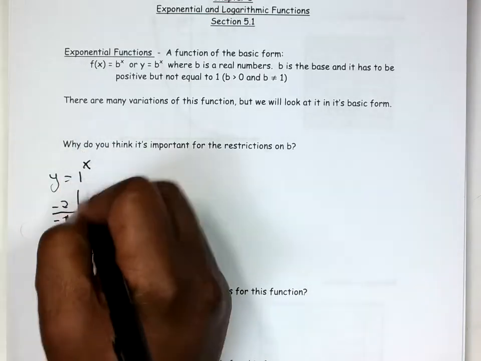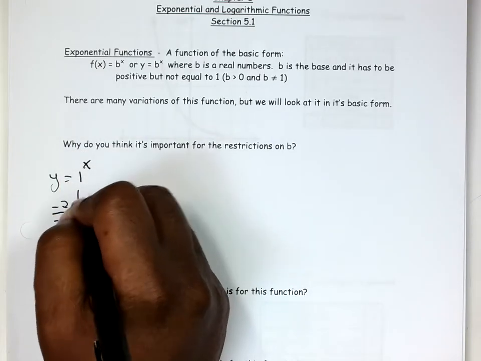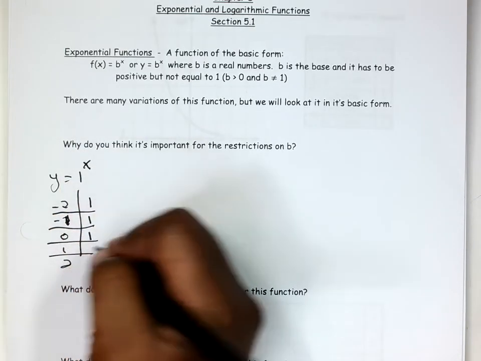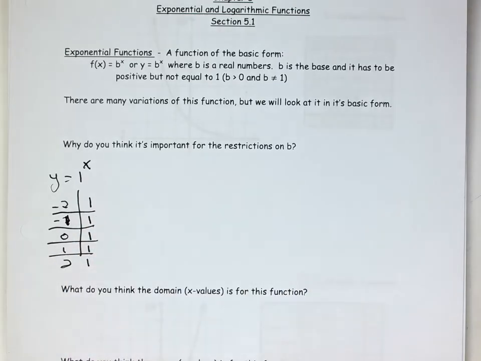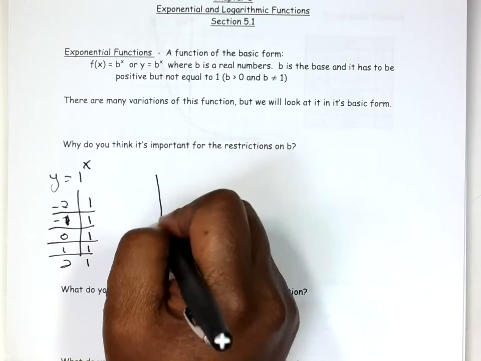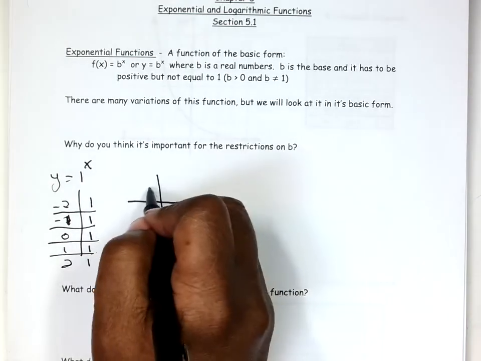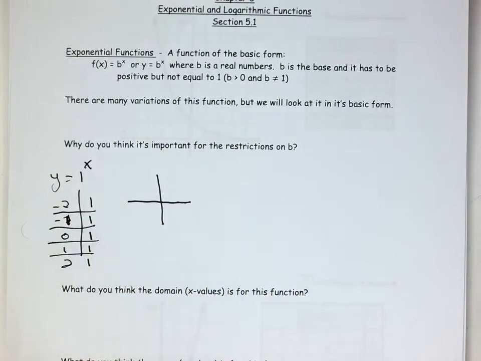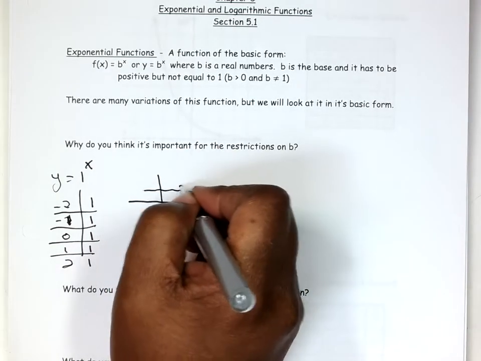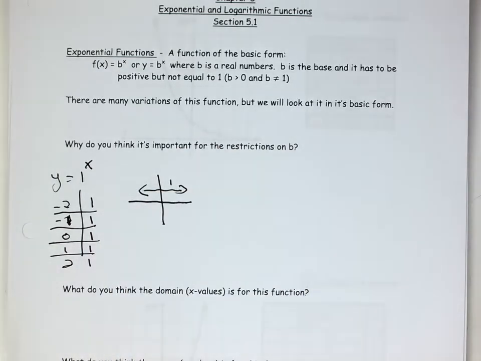So 1 to the negative 2 power is 1. 1 to the negative 1 power is 1. 1 to the 0 power is 1. 1 to the first power is 1. 1 squared is 1. So it wouldn't actually be exponential. It would just be a straight line. So that's not exponential.